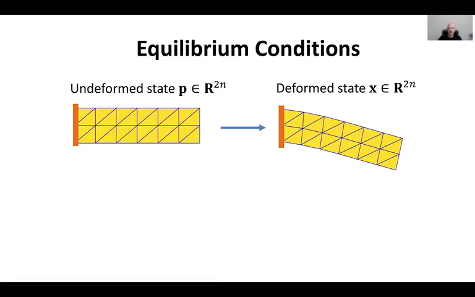So now that we have that, we can talk about what it actually means to do simulation. We're looking at a static equilibrium problem here, which just means we are looking for a single configuration, a deformed state X, that satisfies the equilibrium conditions. Now, what are those equilibrium conditions precisely?